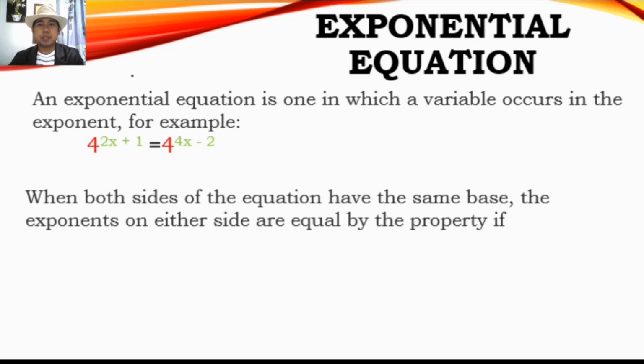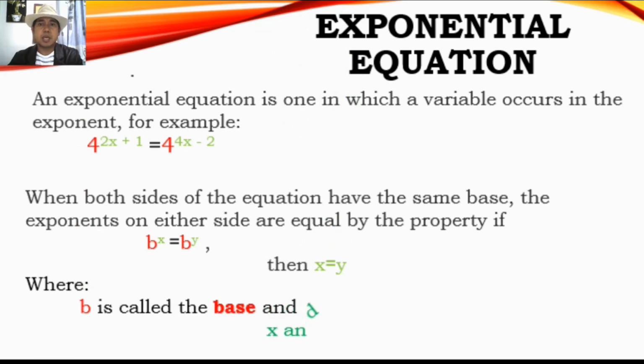Then the exponents on either side are equal by the property: if b raised to x is equal to b raised to y, then x must be equal to y, where b is called the base, and x and y are the exponents.